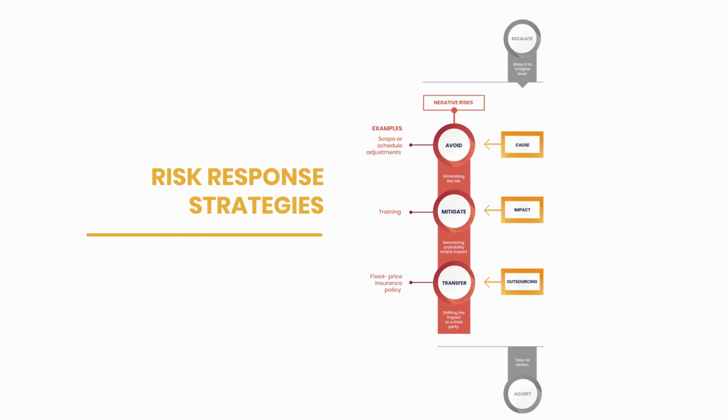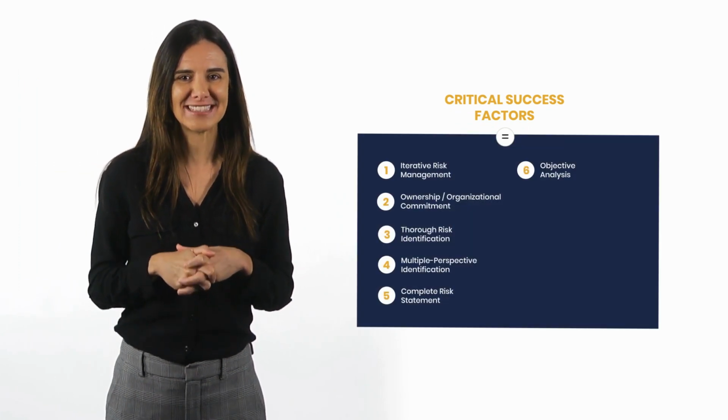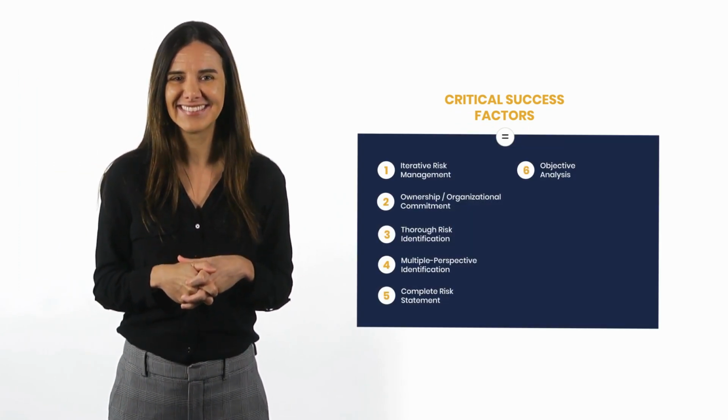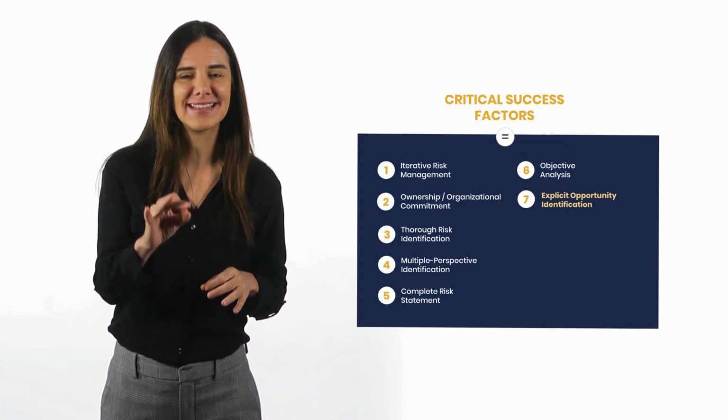The risk remains and its level is the same, but we pay a third party to manage the risk and bear the cost of the impact. For example, when we buy insurance. And last but not least, accept, which doesn't require any action. We simply wait.